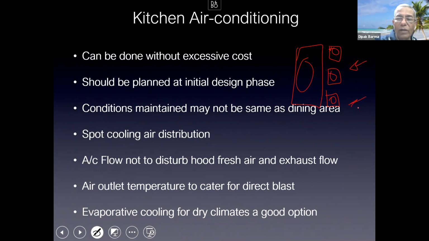On top of it, you are providing spot cooling for the people working over there. But this has to be 100% fresh air. That's very important. And it has to be reduced from the amount of fresh air being provided here to ensure the negative pressure. So these aspects have to be taken care of in the design.